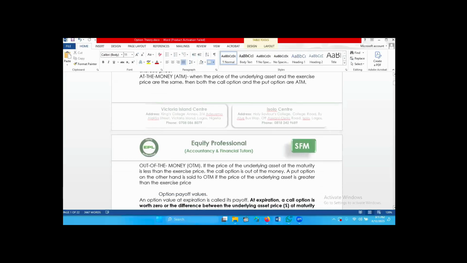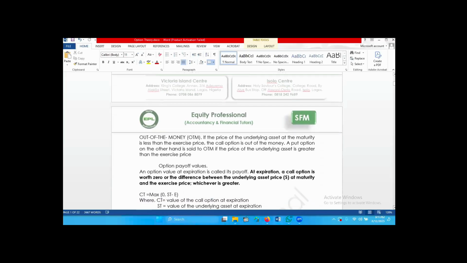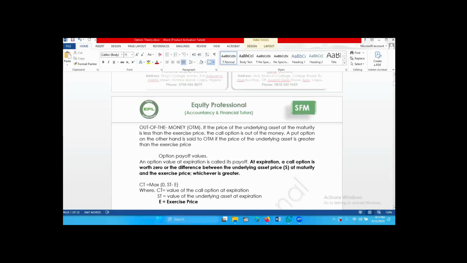Number 3, out of the money. Out of the money simply means that the option contract is not profitable.